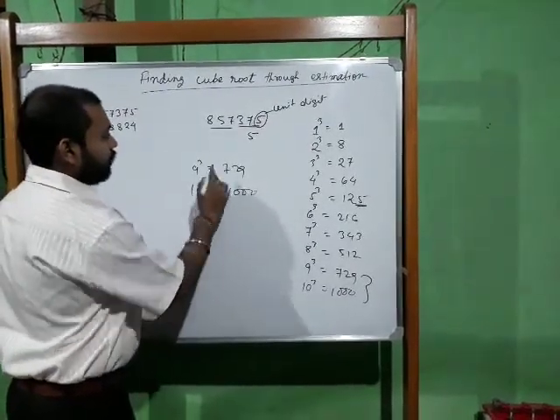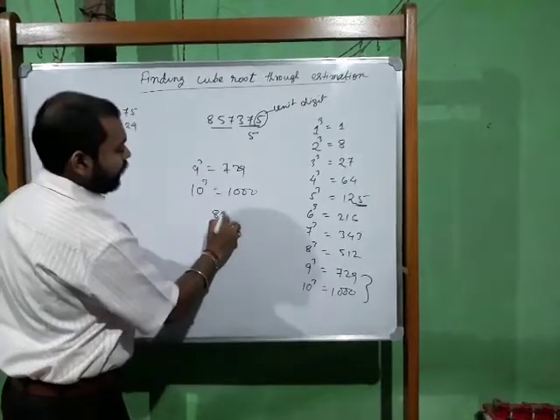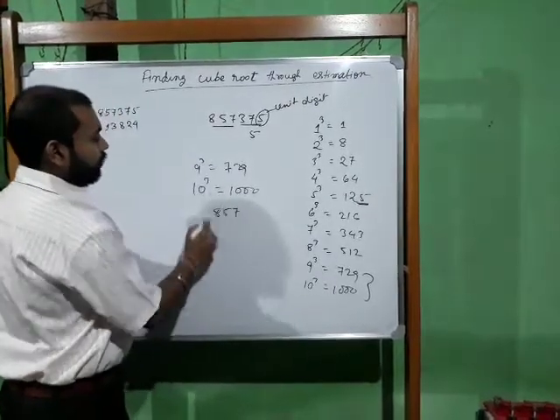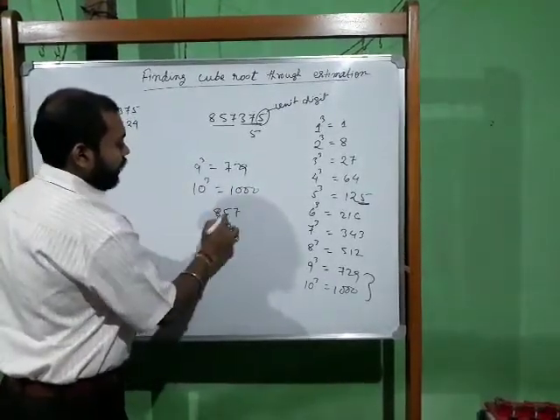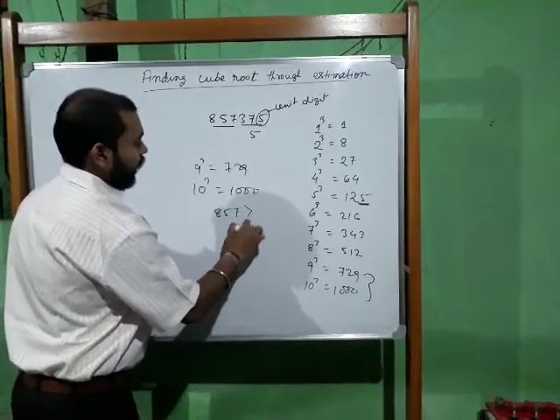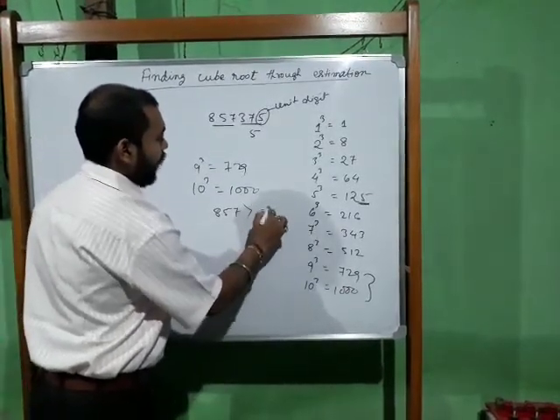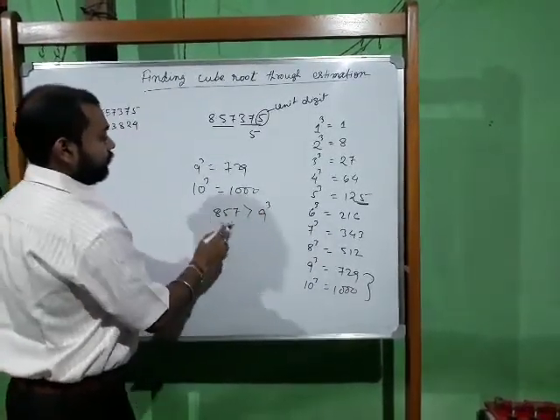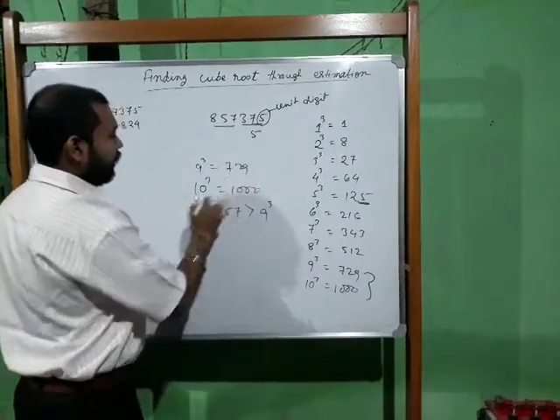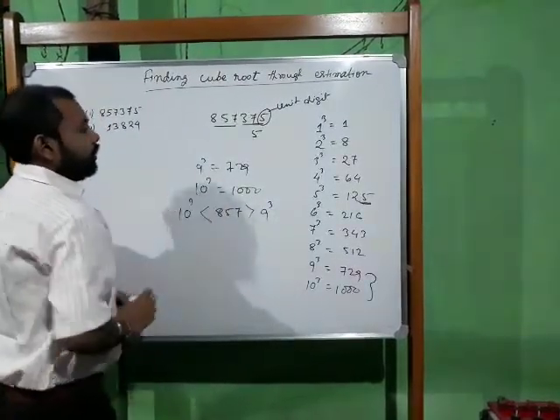That means 857 is greater than 9 cube, but it is smaller than 10 cube.